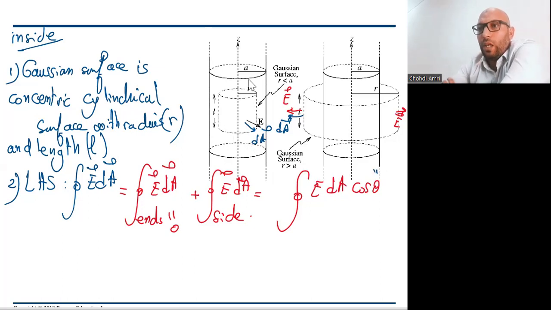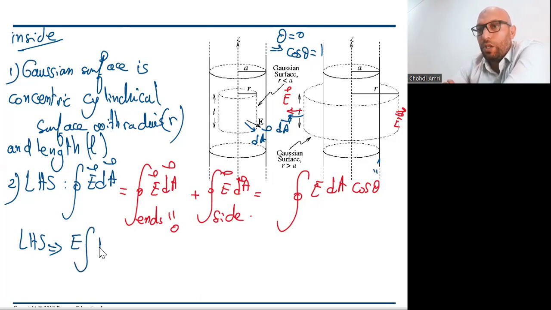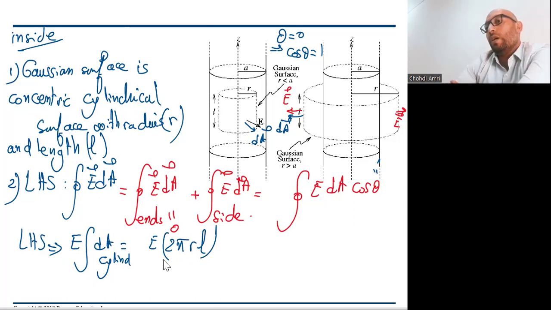That means theta equals 0, so cosine theta equals 1. The electric field is uniform, so the left-hand side will be only E times the integration of dA. The integration of dA for the cylindrical surface, in this case, will be E 2 pi R multiplied by the length of the Gaussian cylinder. Okay, so this is our first term.